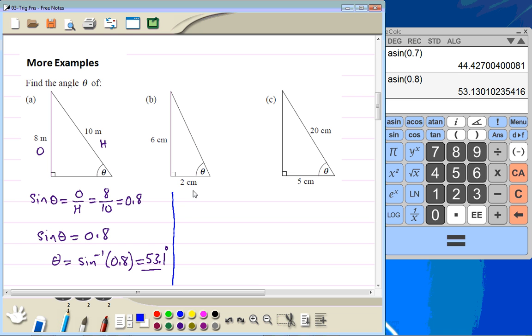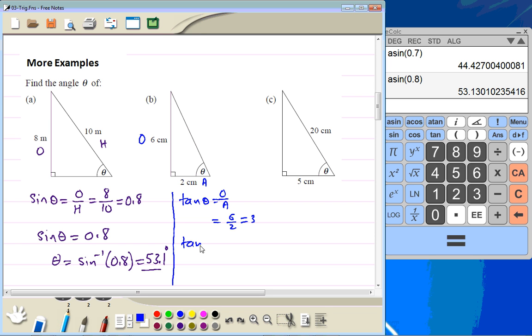Now for this question, this is the adjacent and this is the opposite. So tan theta is opposite divided by adjacent, and in this question it's 6 divided by 2, which is 3.